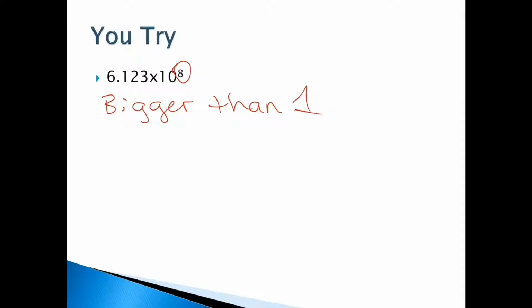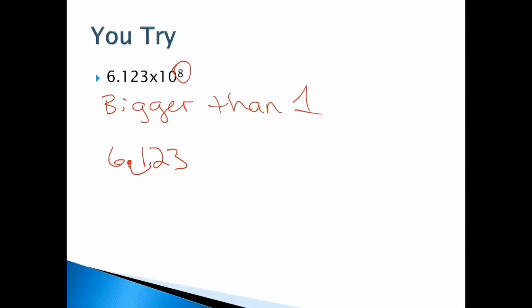Okay, next step, moving the decimal place. Remember, if the exponent's positive, move the decimal to the right. If it's negative, move it to the left. Well, in this case, the exponent is positive. So we're going to move the decimal to the right. And we need to move it the number of spaces that matches the exponent number. So we need to move this 8 spaces.